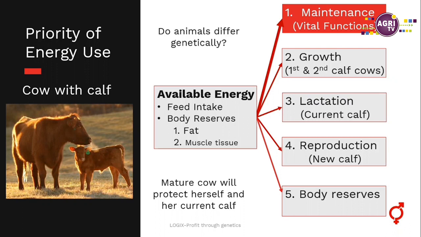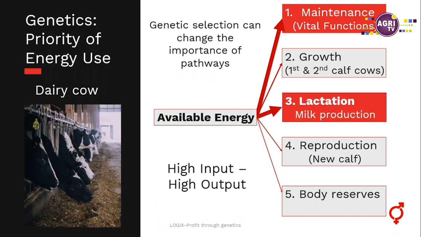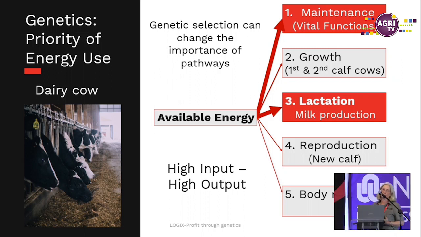But then you can ask the question, do animals differ genetically? And the best one that illustrates this is if you look at dairy cows. They have been very, very strongly selected for milk production. So that energy path is highly selected from the available energy. And because of high milk production, you of course get an increase in the maintenance component as well. So it's basically a high input, high output system.